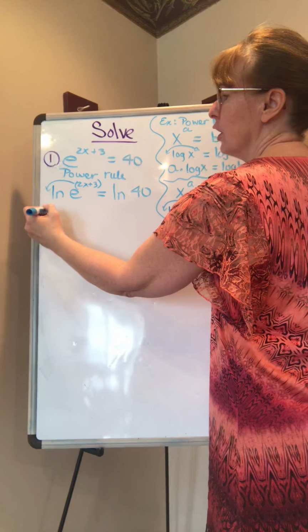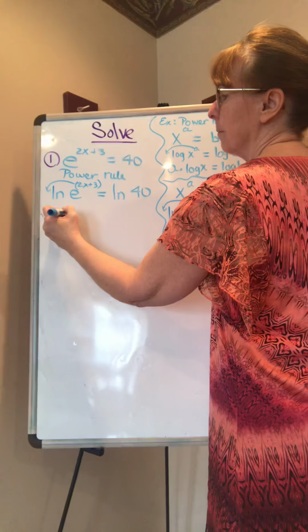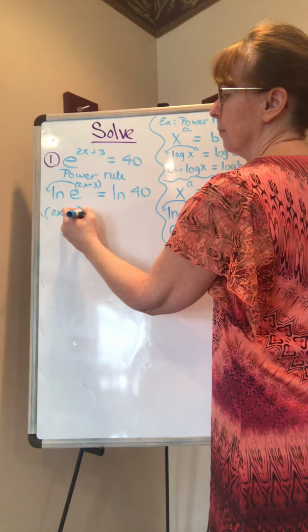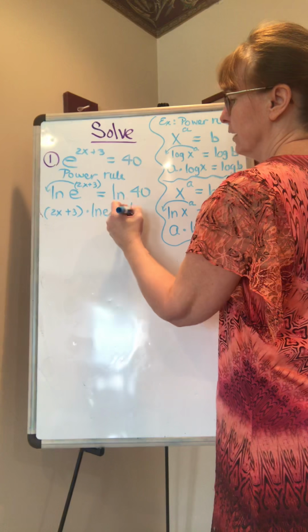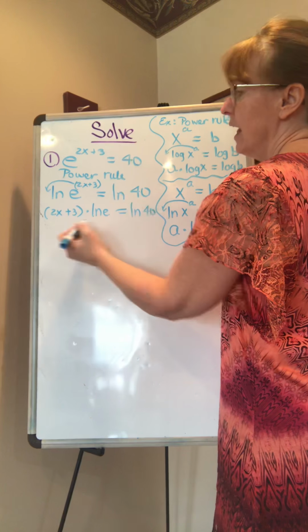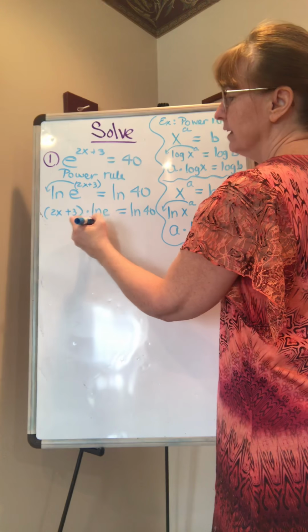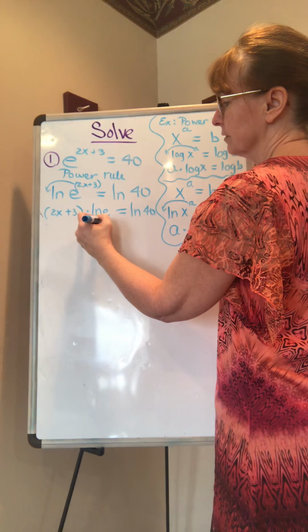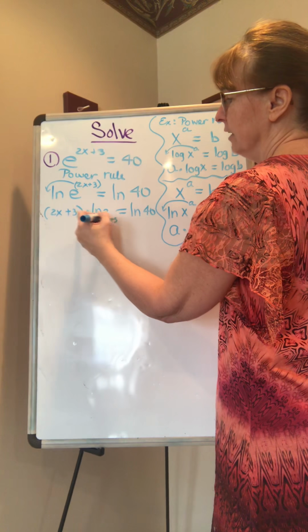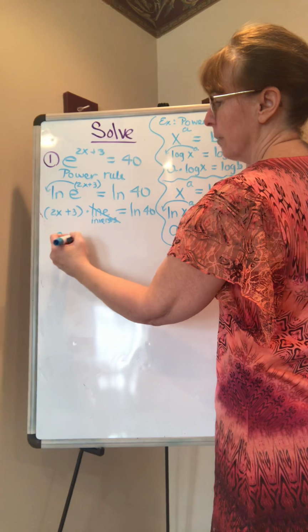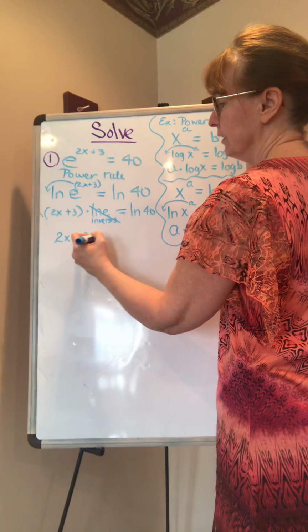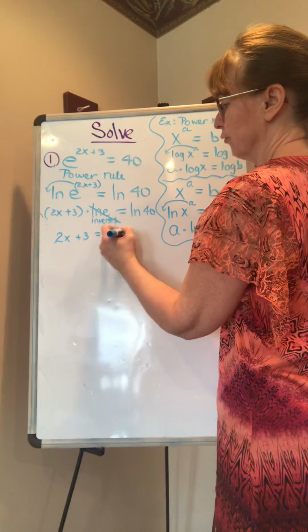So now I have 2x plus 3 multiplied by the natural log of e is equal to the natural log of 40. Now, the natural log and e, these are inverses. Inverses cancel. So now I have 2x plus 3 is equal to the natural log of 40.